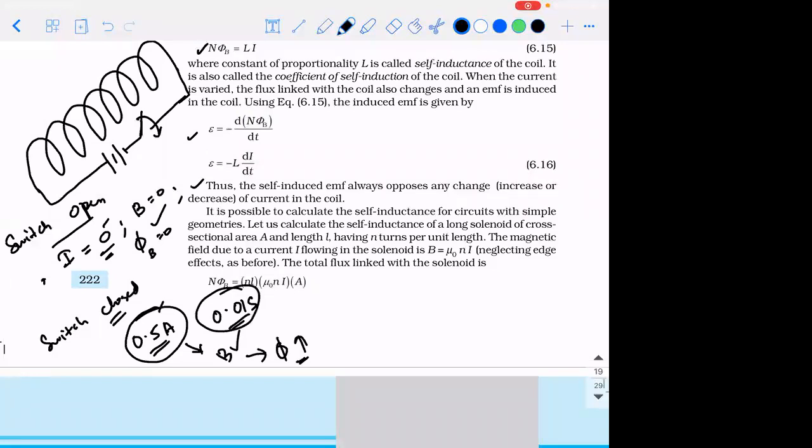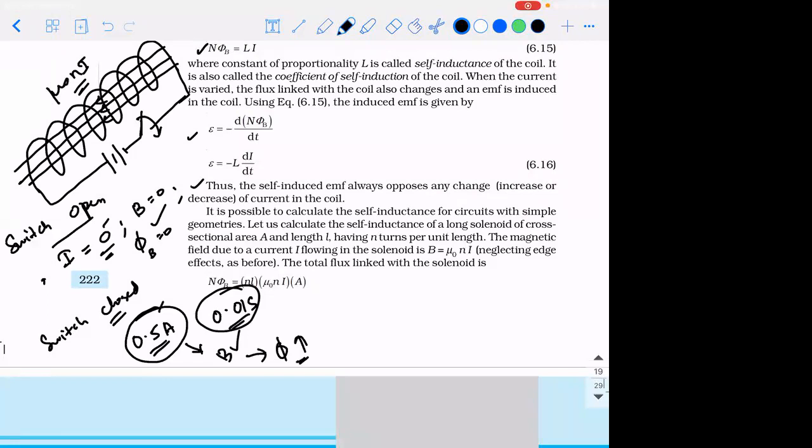And from the basics of solenoid, we know that the magnetic field inside the solenoid is going to be in this way, and its value is given as mu naught times N into I. Guys, do you remember this? We derived it using Ampere's circuital law. Yes, sir.